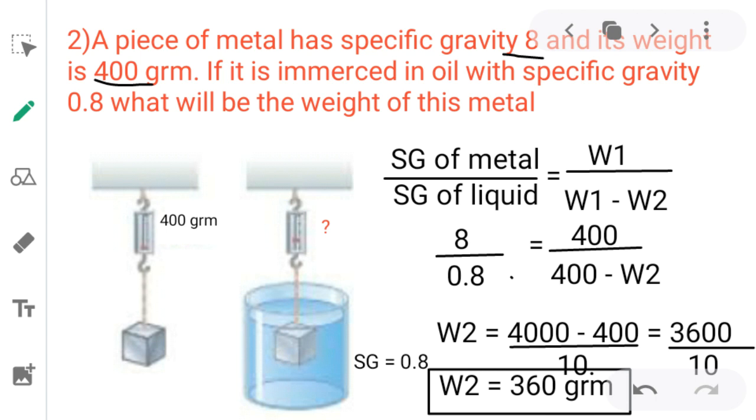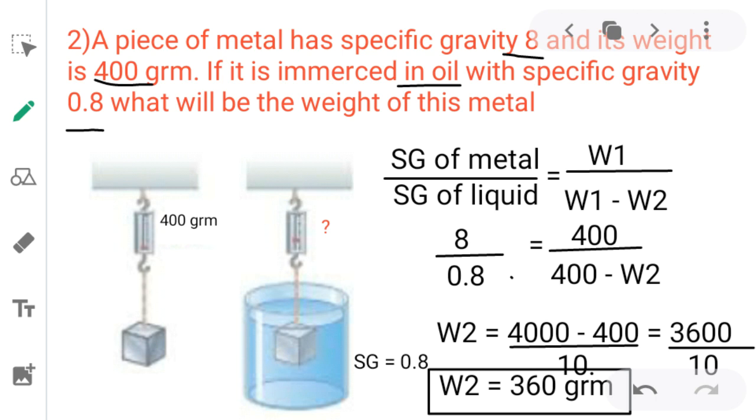If it is immersed in oil with specific gravity 0.8, what will be the weight of this metal? Here the metal is weighing 400 grams in air. If it is immersed in the oil of 0.8 specific gravity, what will be its weight? That means it should lose some weight in the oil.